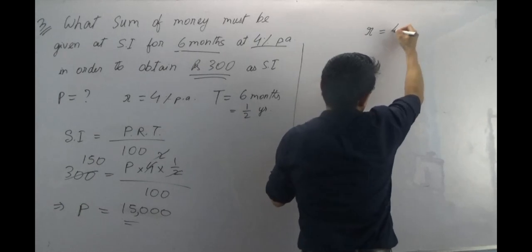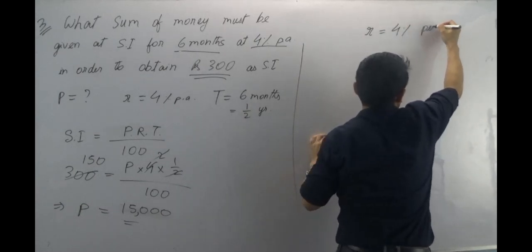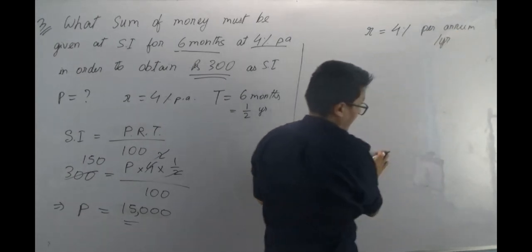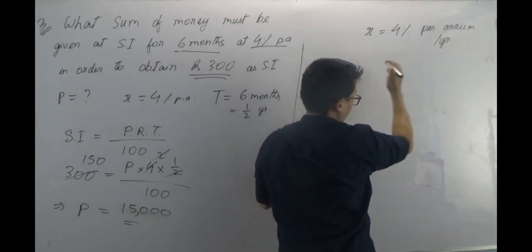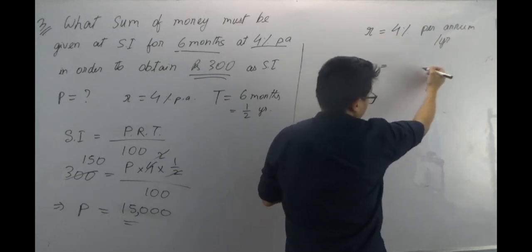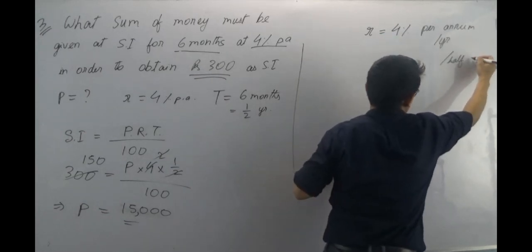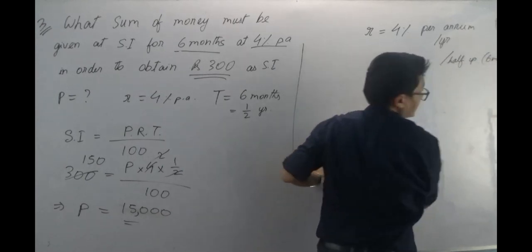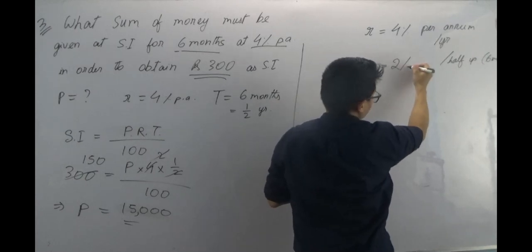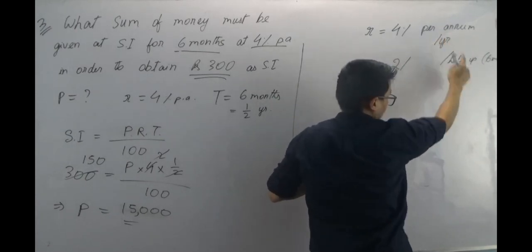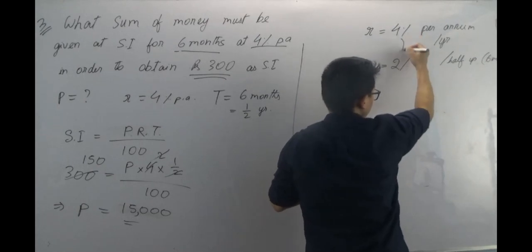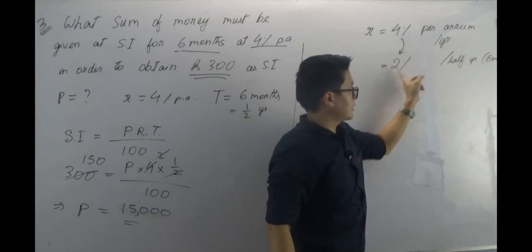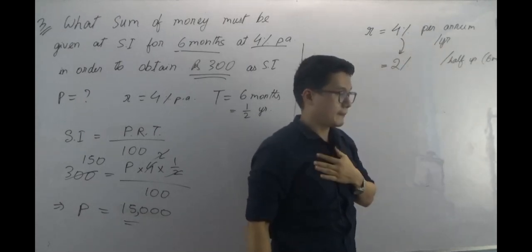Rate of interest is 4% per annum, so it means that per year it is 4%. For half a year, or 6 months, the rate of interest will be 2%.